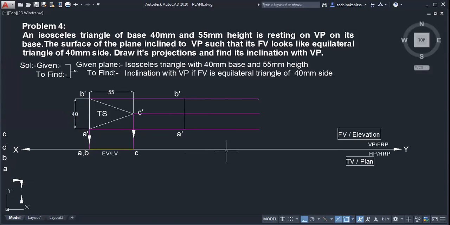Now how the apparent shape or front view looks after giving inclination, like this it is mentioned in the problem. Equilateral triangle, and this A dash B dash is 40. So obviously, how are you going to complete the equilateral triangle?